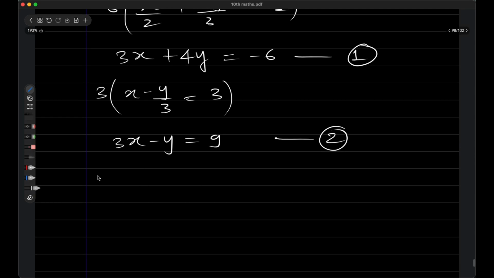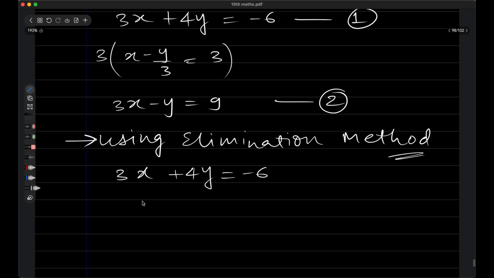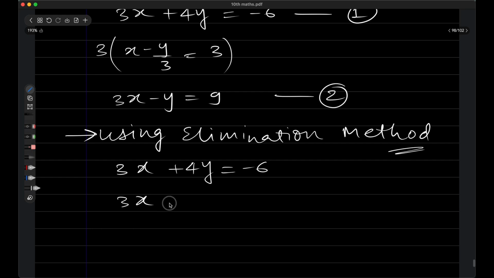Now, using the elimination method, the equations are 3x plus 4y equals minus 6 and 3x minus y equals 9.